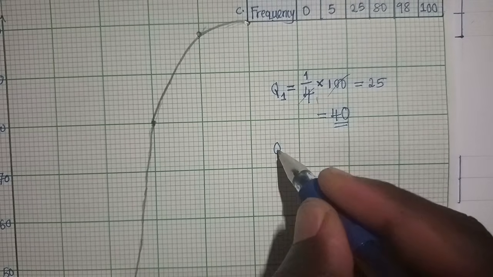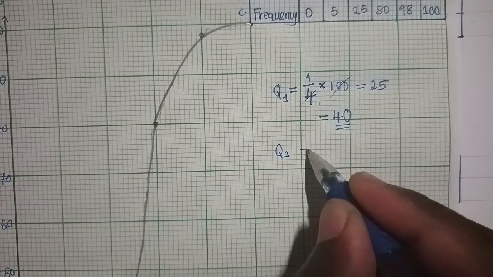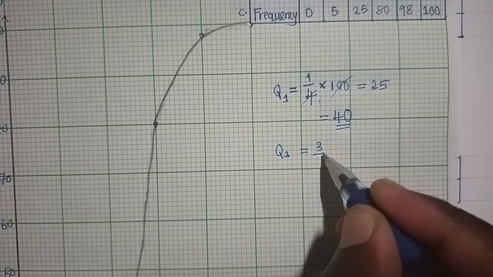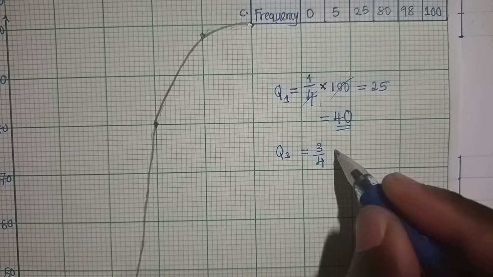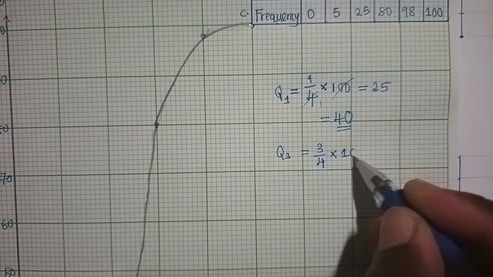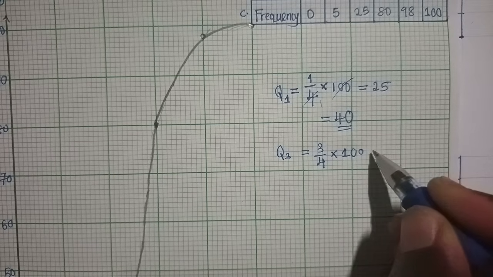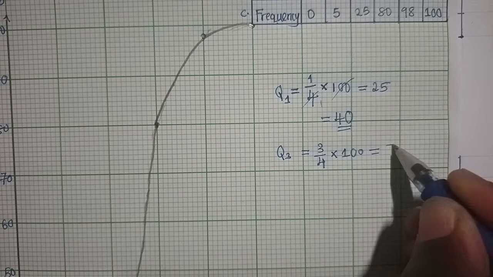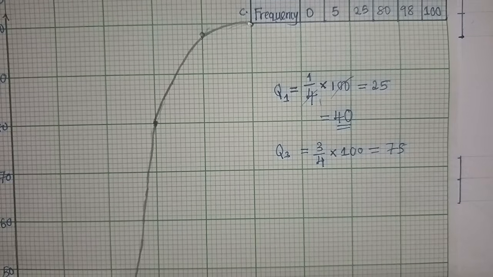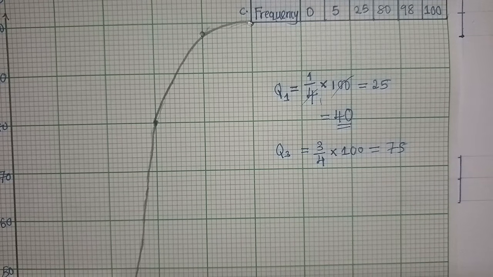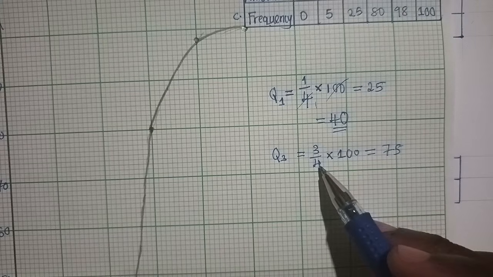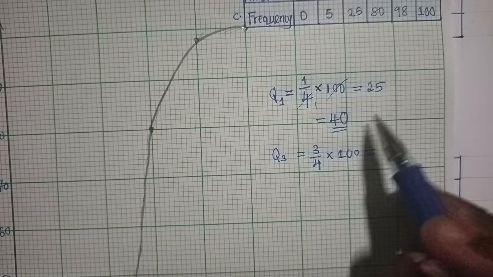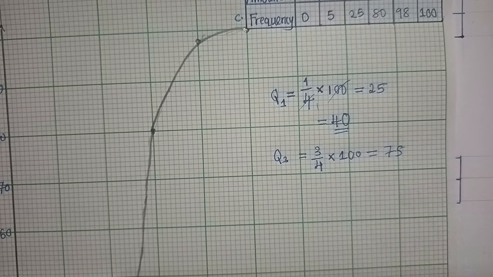So quartile 3 will of course be equal to 3 quarters, which is 3 over 4 times the total. Okay? So this is going to give us a 75. Because when we say 4 into 100, it's 25. 25 times 3 here will give us a 75.